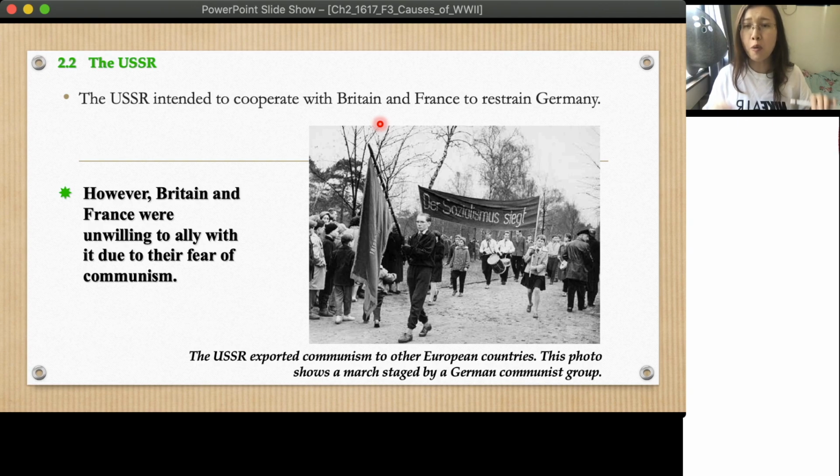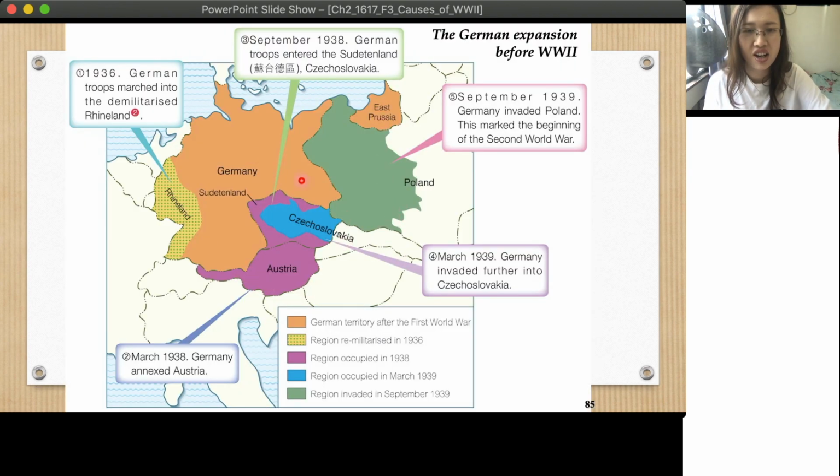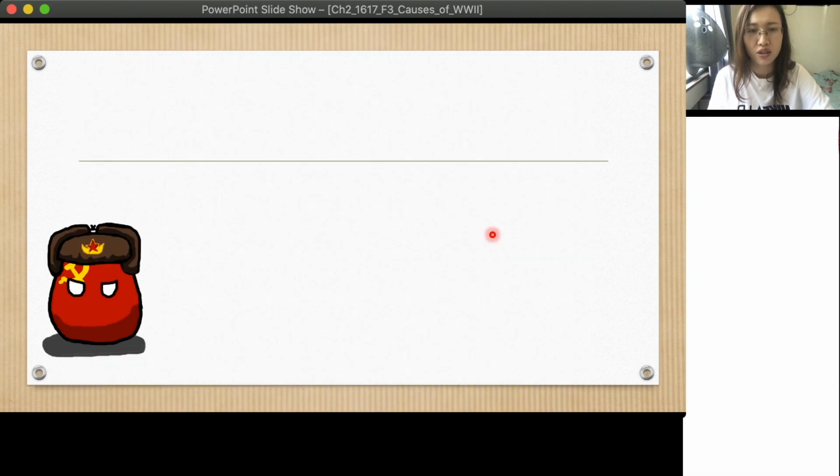Because in both Britain and France there was a rising communist party. So in order not to turn their countries into communist countries, they needed Germany to be located between them and the Soviet Union, right? You can see Germany is here, between Britain, France and the USSR, so it can play a very good part as a buffer zone for the spread of communism from the USSR.